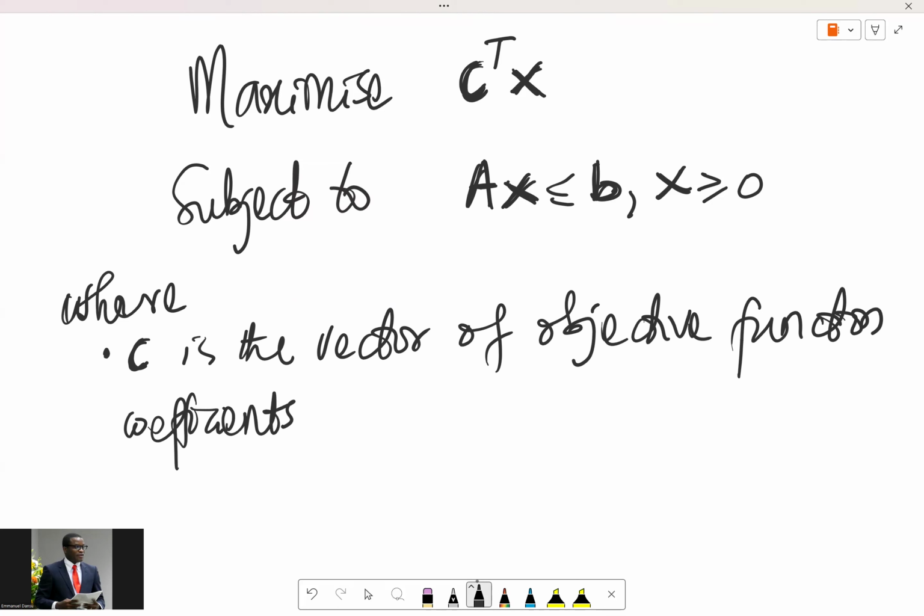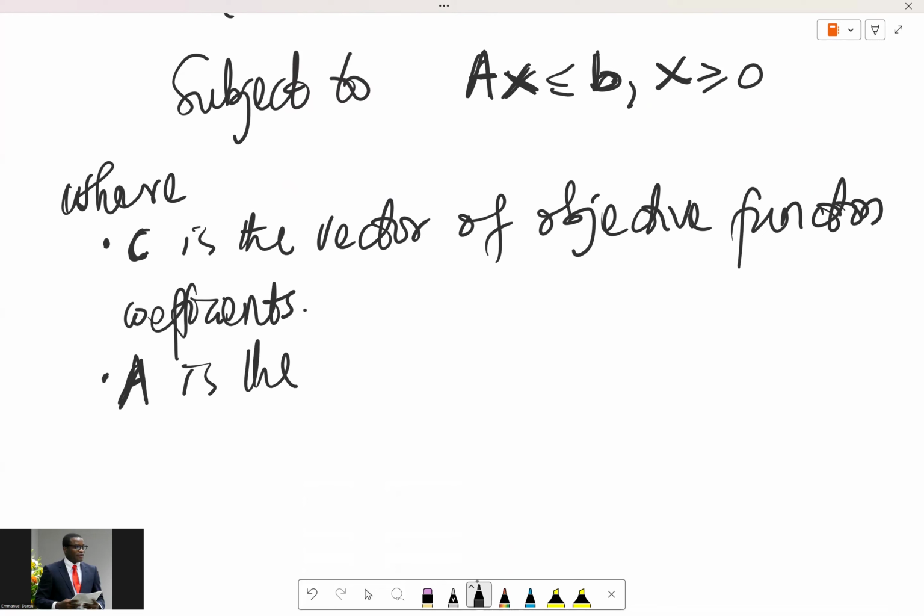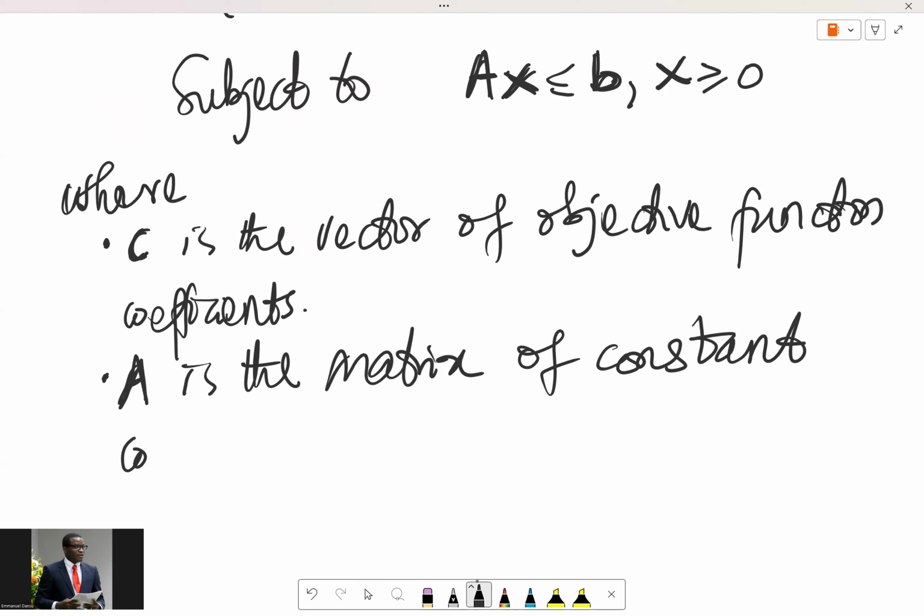Then we have A, the matrix. If you remember the Python code, how we write Python codes, this is exactly what we use. So A is the matrix of constraint coefficients.